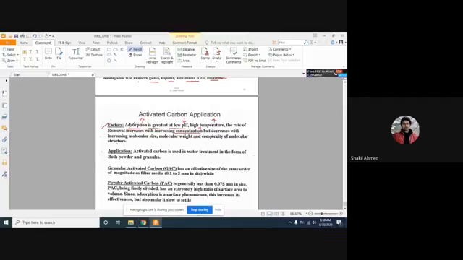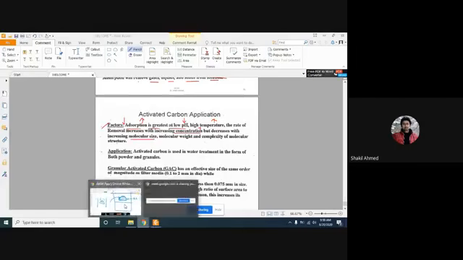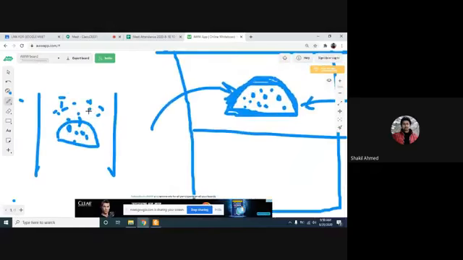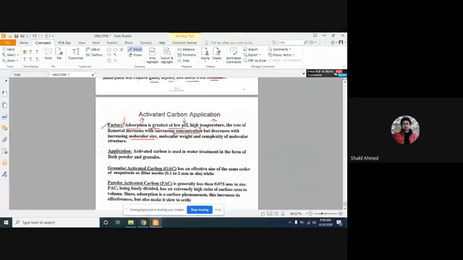But adsorption will be low if the molecular size is higher. So if the particle size here is much larger, then adsorption will be low. Then molecular weight and complexity of molecular structure also matter.